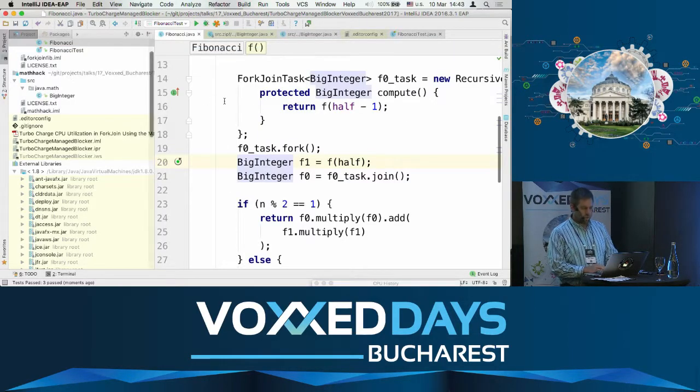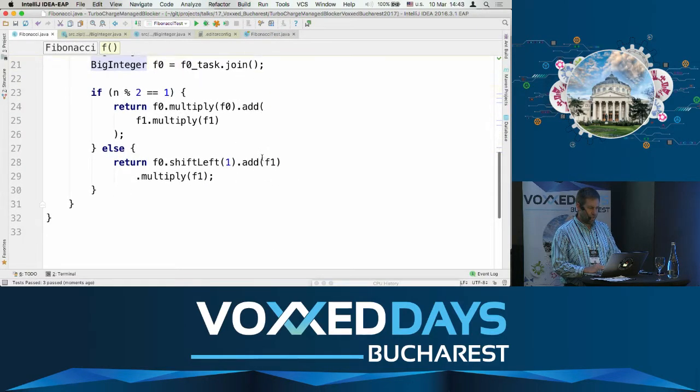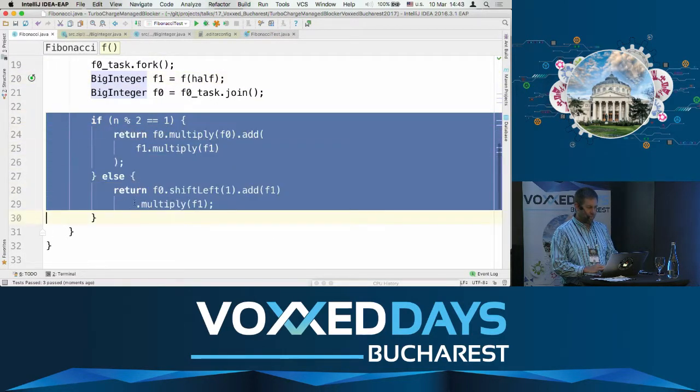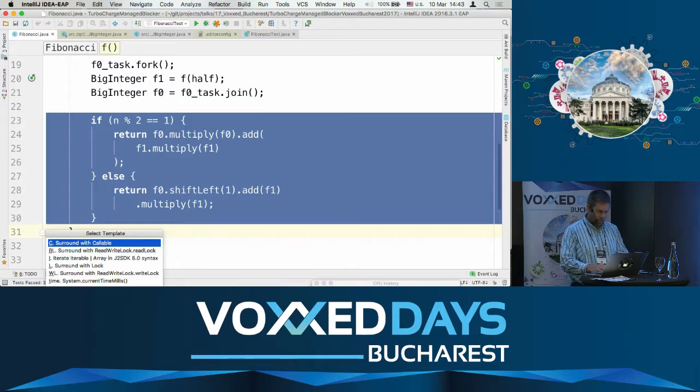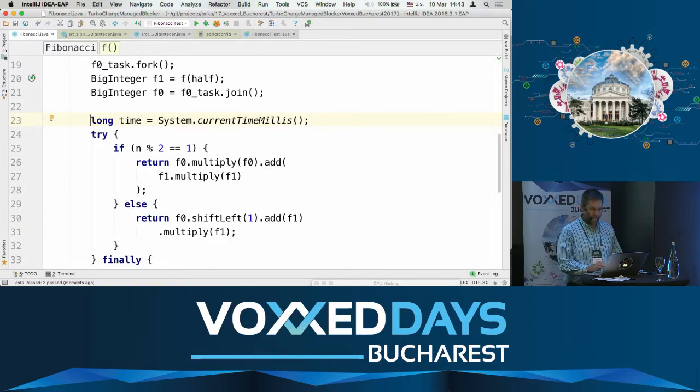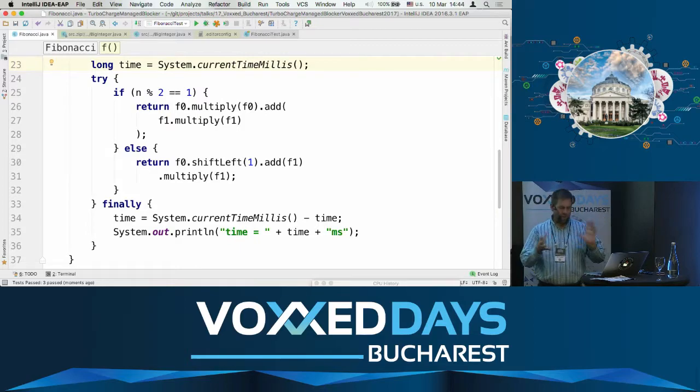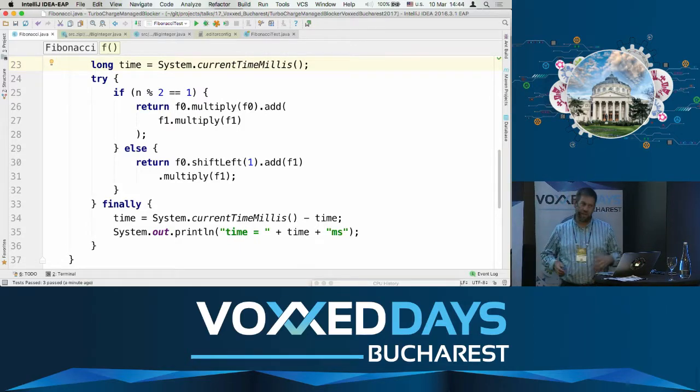Now what I want to do is measure how long each of the multiplications actually takes. So I'm going to wrap this code in a little timer where I'm measuring the time before and afterwards. Now I can't do this every single time because currentTimeMillis is a very expensive method to call.